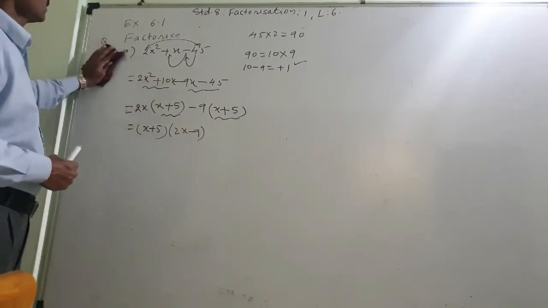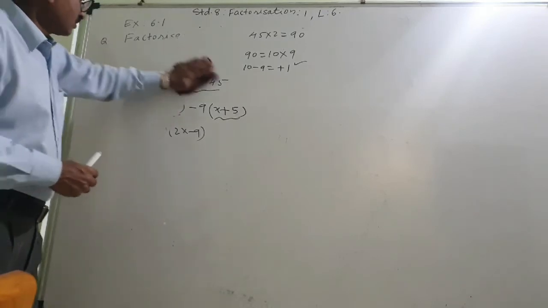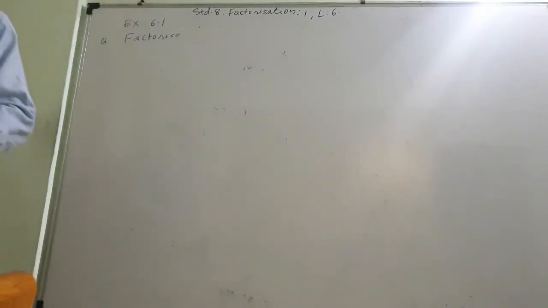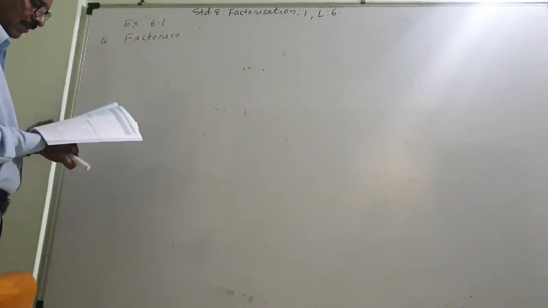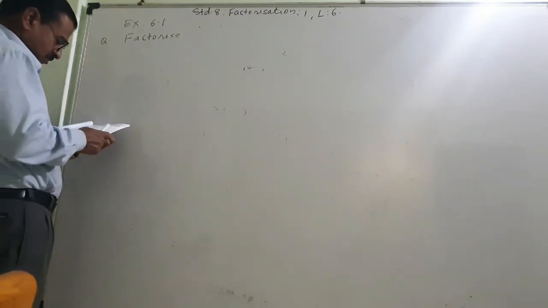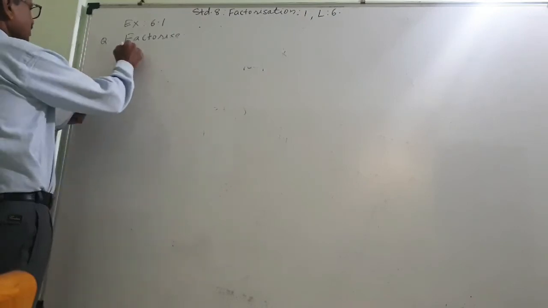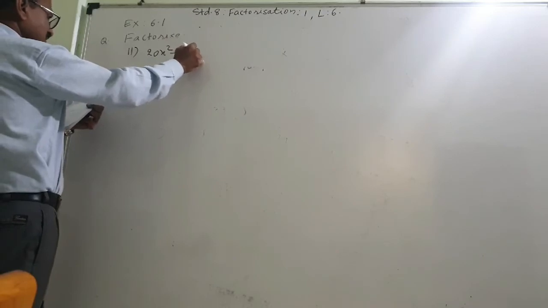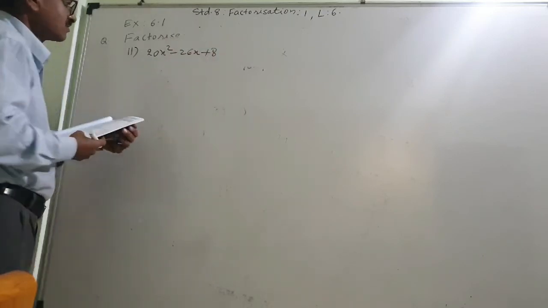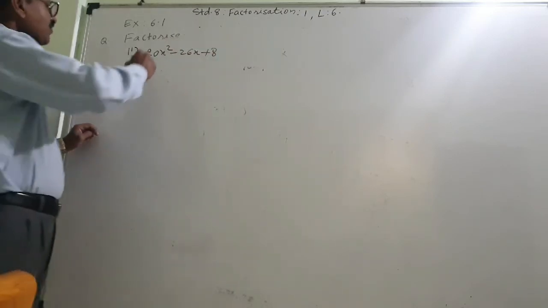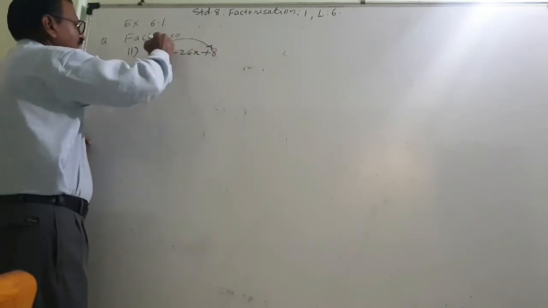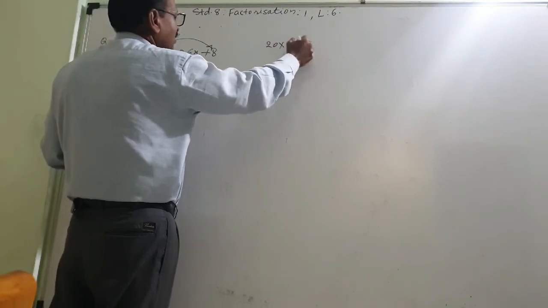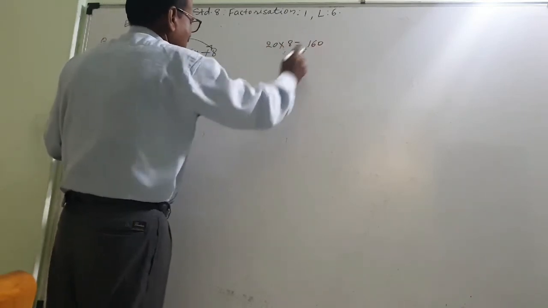So now another two questions we will do. 11th question: 20x square minus 26x plus 8. I will find the factors of 20 into 8. 20 into 8 is 160.